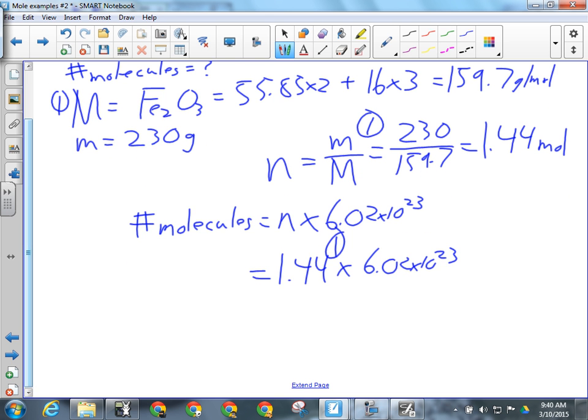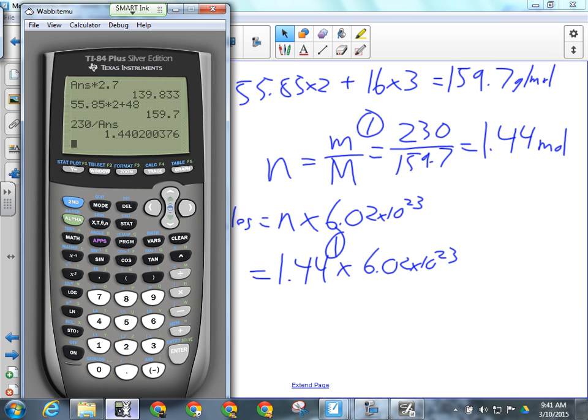When we punch this into our calculator, what do we need to make sure we do with Avogadro's number? It's got to be in brackets. So I'm going to take my answer there and multiply it by Avogadro's number, 6.02, get the little e, 23.